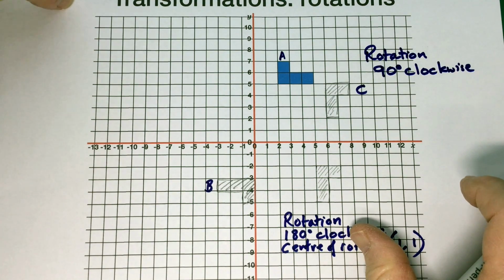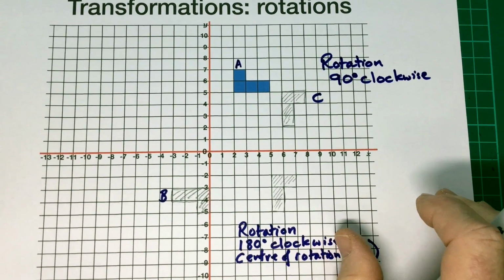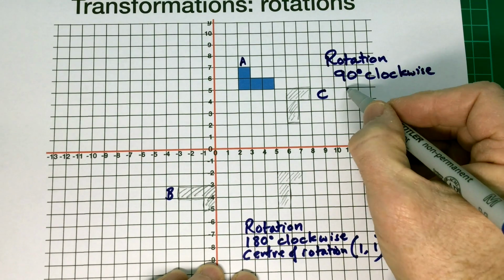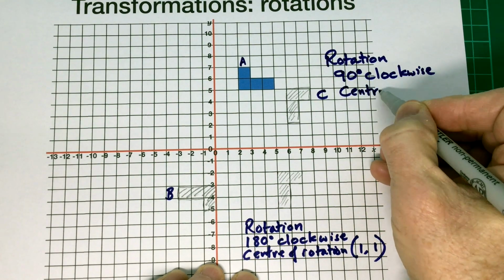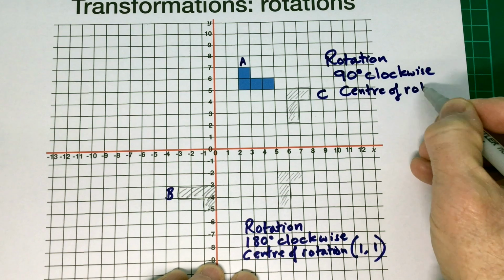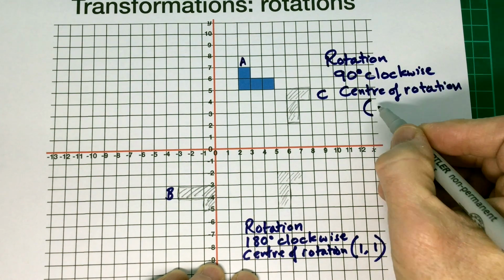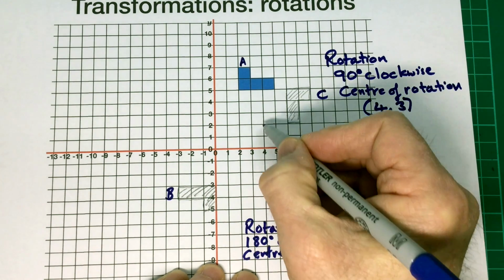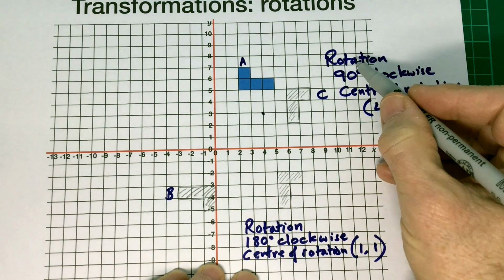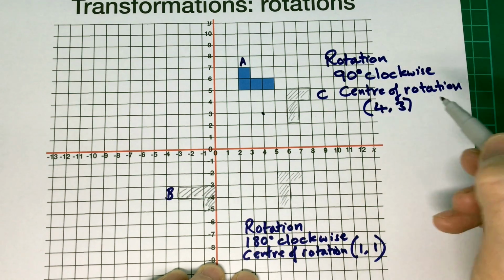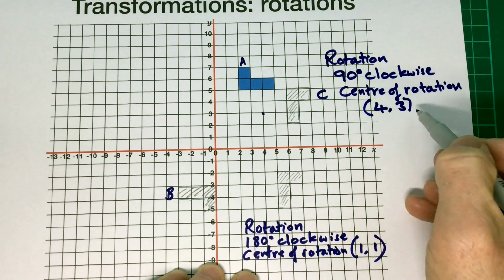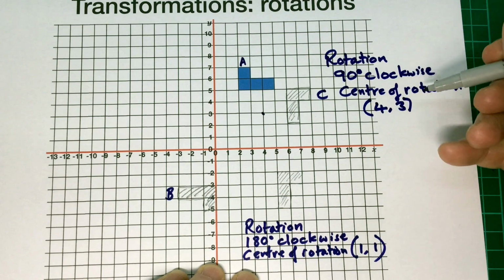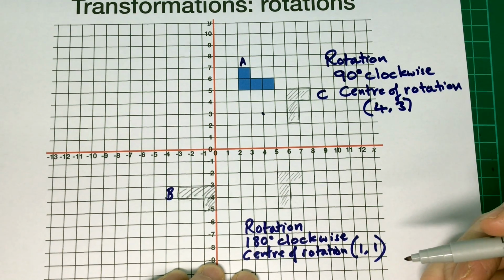Let's move that over a bit so you can see it clearly. 90 degrees clockwise, the center of rotation was 4, 3, that point there. So rotation of 90 degrees clockwise about the point 4, 3. That would give you 3 points in the exam.